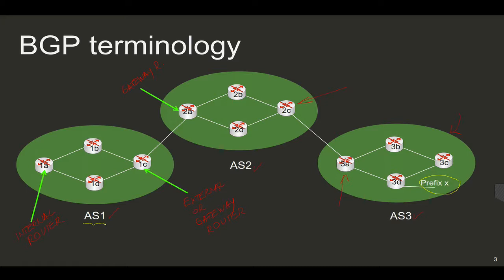So the autonomous systems are going to exchange information between them. For instance, AS3 is going to send to AS2 a message that says, I am AS3 and I can reach prefix X. This kind of message is called a routing or route advertisement.